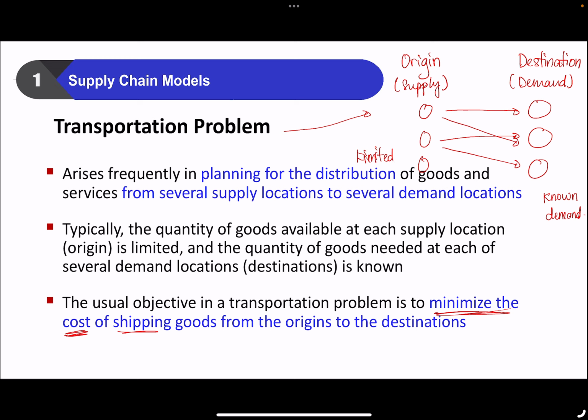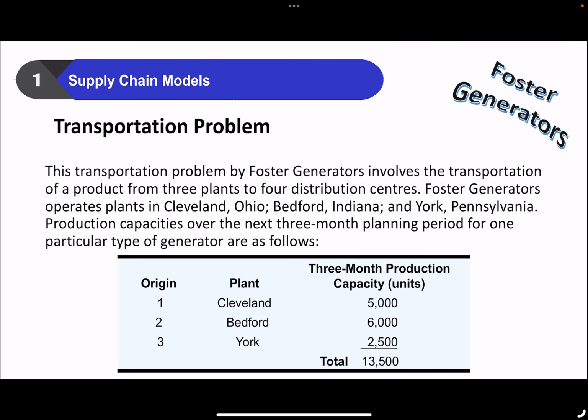So what is the best way to deliver the shipments, or transport all the goods, from a limited number of origins to our destinations at the minimum cost? So let's look at an example.